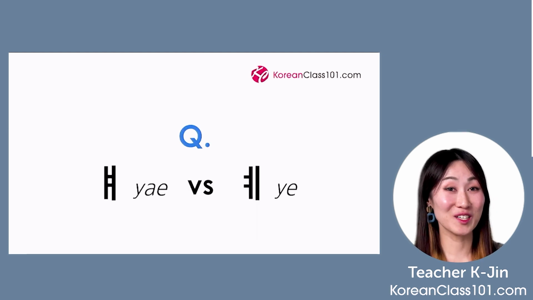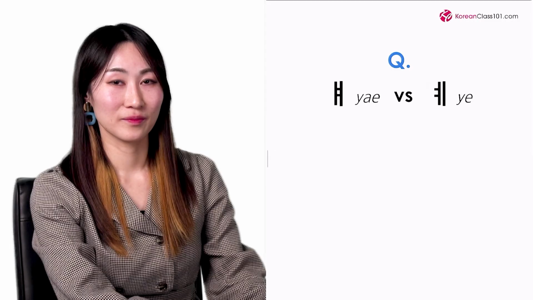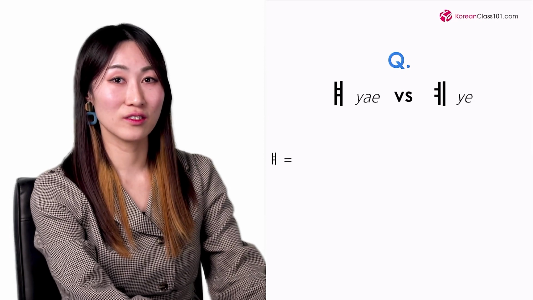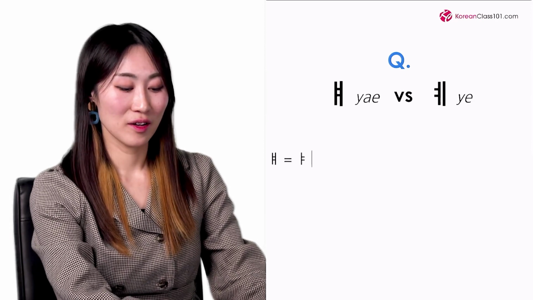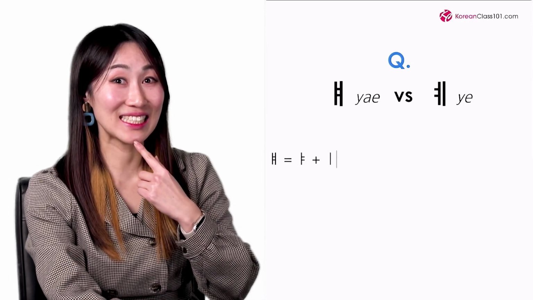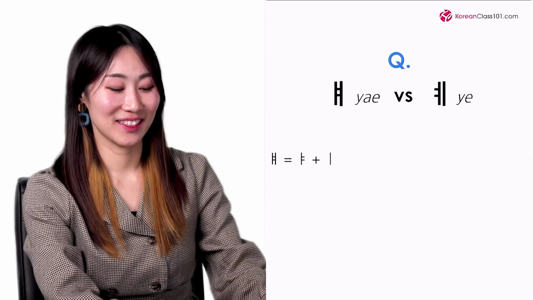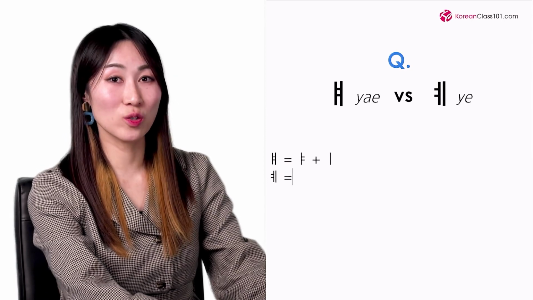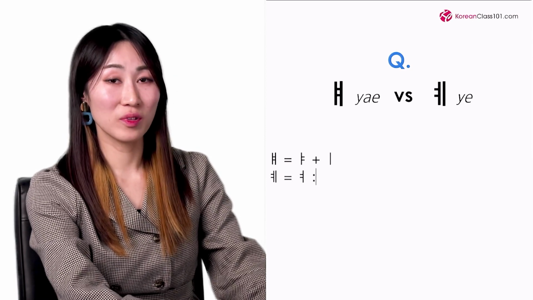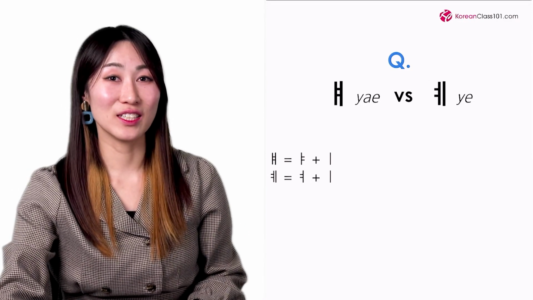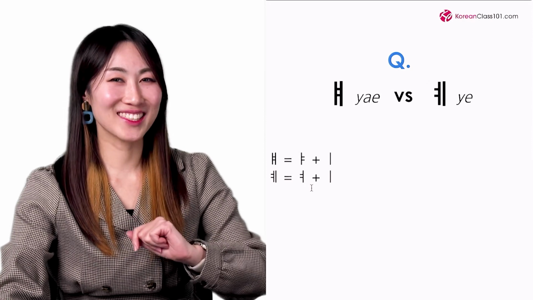Here's the second question. What's the difference between these two vowels? The first vowel consists of 야 plus 이, 야, 이, 예. The second one consists of 여 plus 이. So can you guess the difference now?